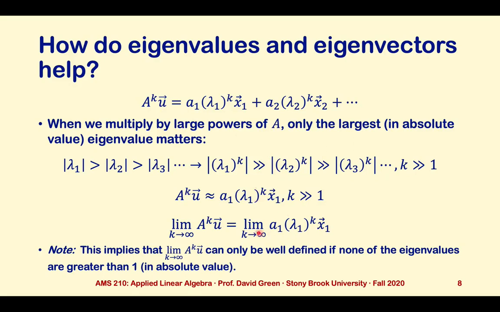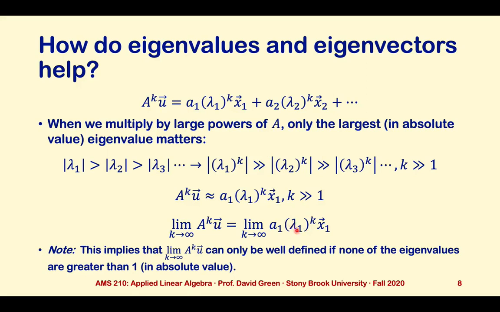Note that this equality implies that this limit only is going to give us a well-defined finite answer if this expression can, and that's only going to work if none of the eigenvalues are greater than 1 in absolute value.